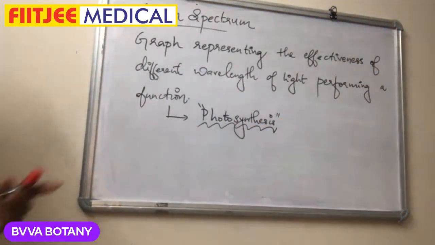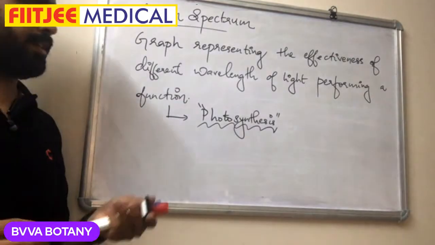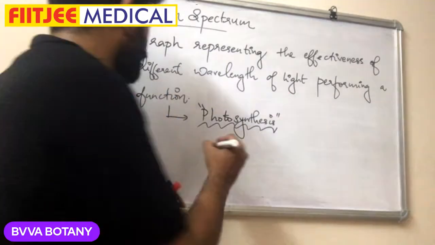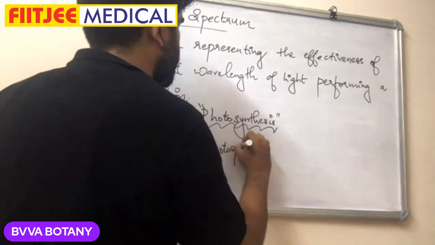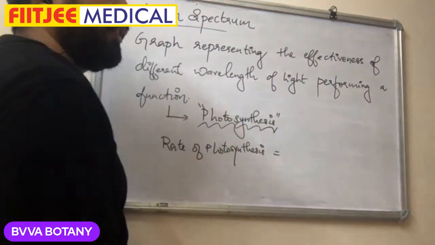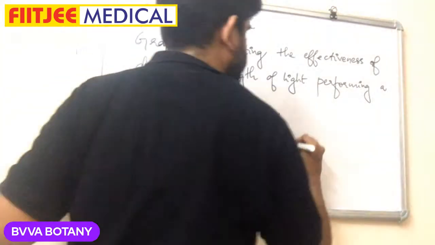So we are going to show at which wavelength the maximum rate of photosynthesis is done. The rate of photosynthesis can be analyzed by one factor: the amount of oxygen liberated.